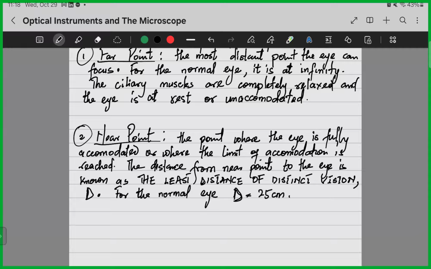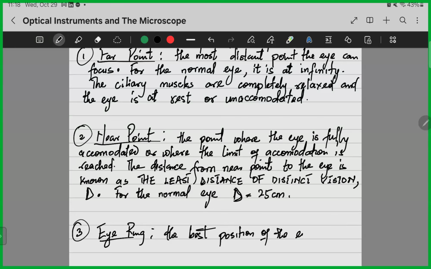Let's go straight into the next important point, the eye ring. This is the best position of the eye when using an optical instrument.